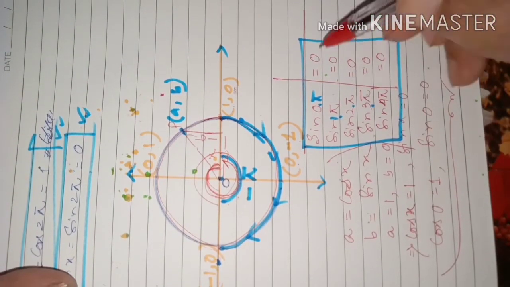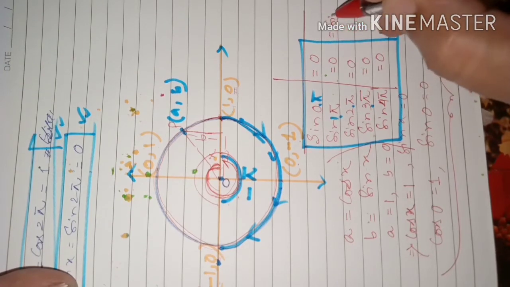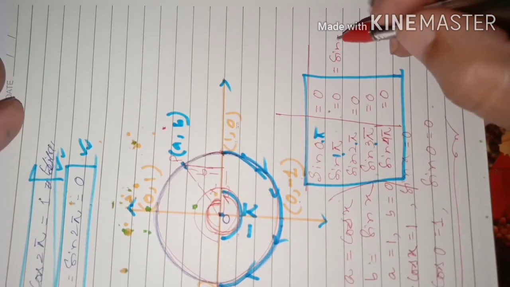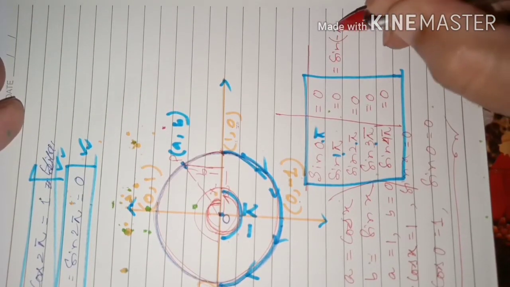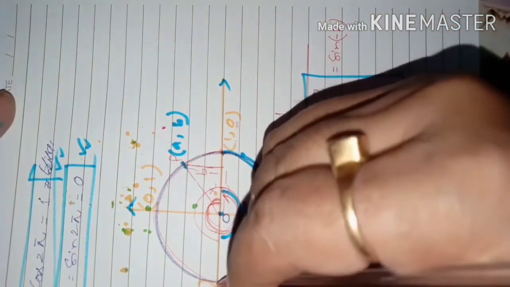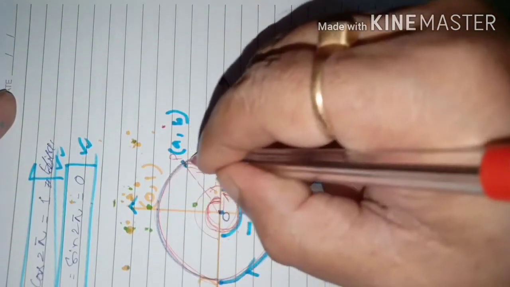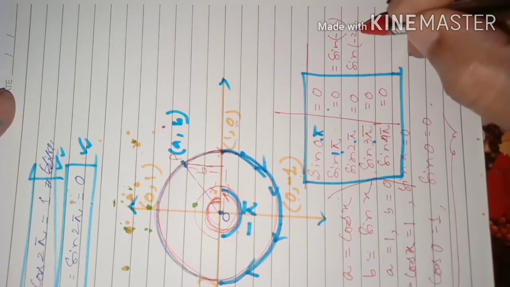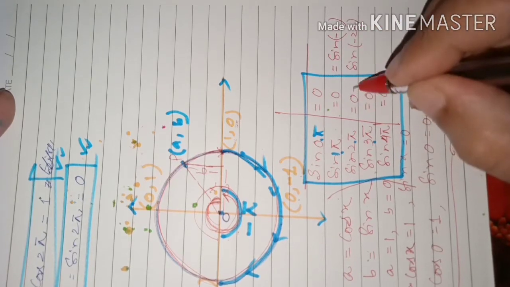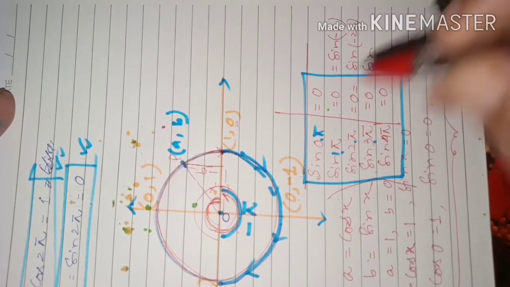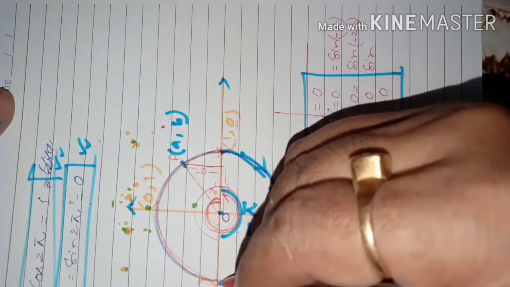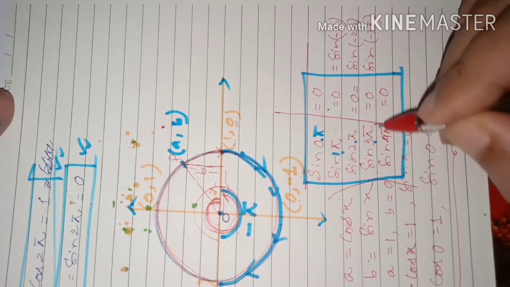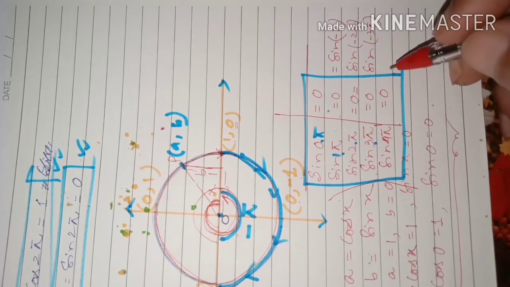For sin minus 2 pi, when it comes here, it will also be 0. For sin minus 3 pi, suppose it rotates one more time this way and comes to this position, then sin minus 3 pi will also be 0. Sin minus 4 pi will also be 0.